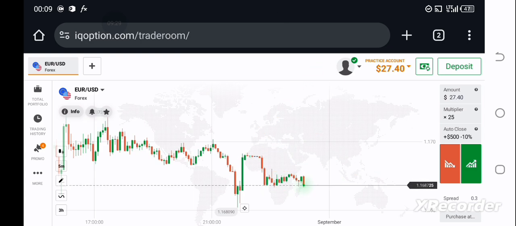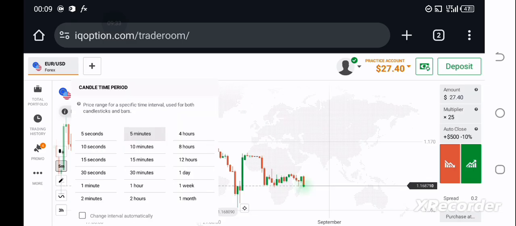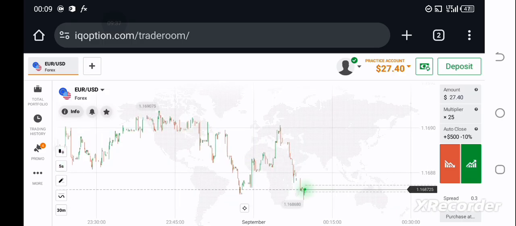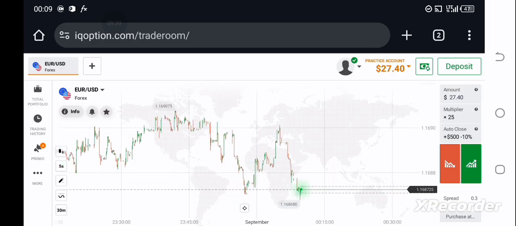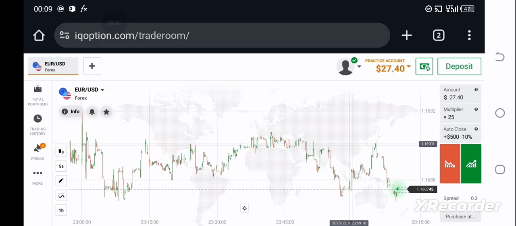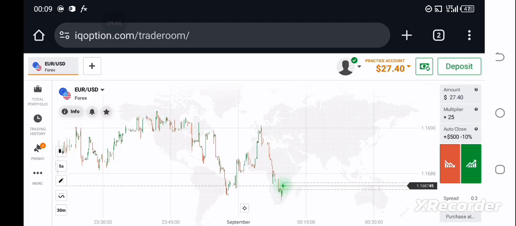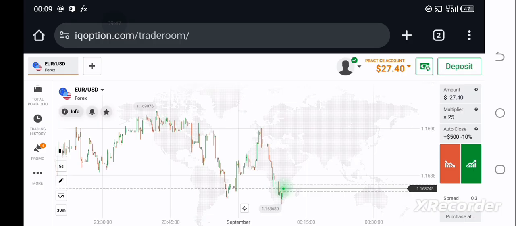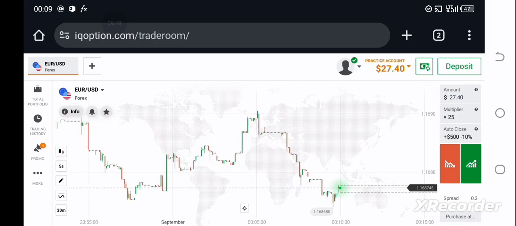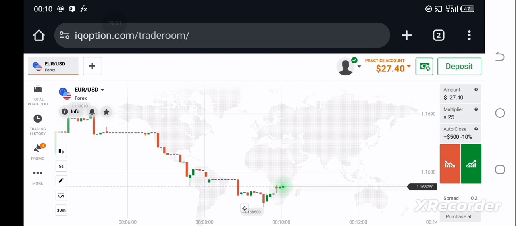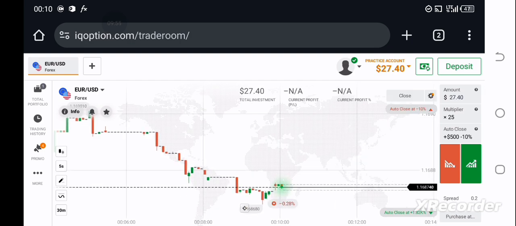Okay, so now that I've placed this particular trade, let me switch to a much lower time frame, like 5 seconds, and open a position, let me see this chart with the buyers, let me see if this reversal pattern here. Okay, with sellers.